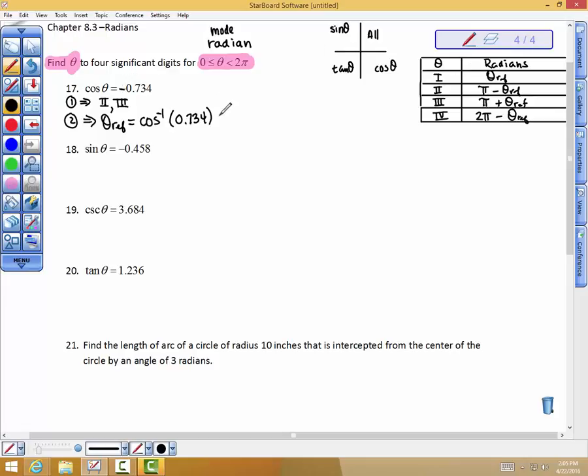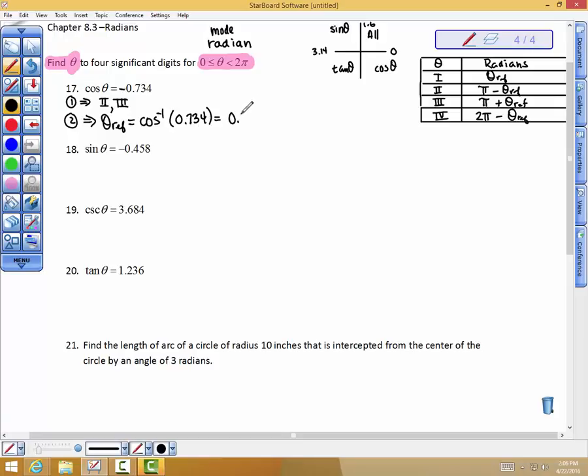But when you do this and you're in radian mode, remember your angle's going to be between 0 and about 1.6, because here is 3.14, so about 1.5 or 1.6. So when you go second cosine of 0.734, you're not going to get something between 0 and 90. You're going to get something between 0 and 1.6.